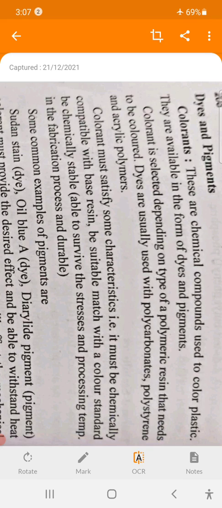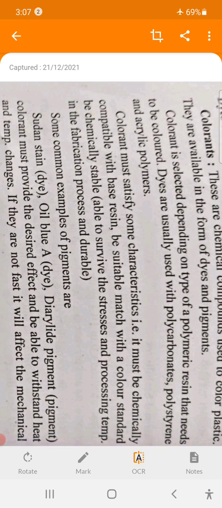The colorant is selected depending upon the type of polymeric resin, type of polymer. Dyes are usually used with polycarbonates, polystyrene, and polyacrylic polymers. Colorants must satisfy some characteristics, that is, they must be chemically compatible with the base resin.